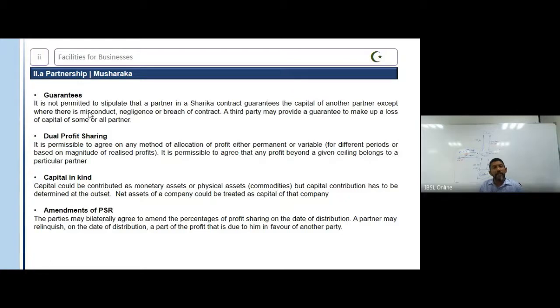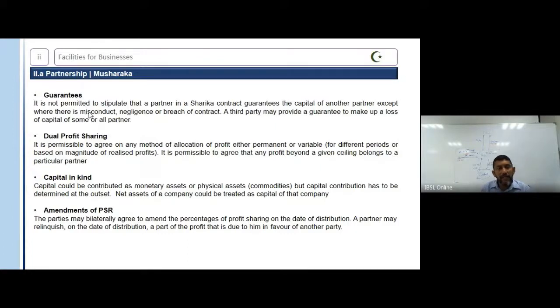We agree at the outset of the transaction. If for whatever reason it needs to be amended, it can only be amended with mutual agreement, meaning both parties have to agree to amend the PSR. Otherwise, it cannot be amended. So if both parties agree to amend the Musharaka profit share, that can be done.